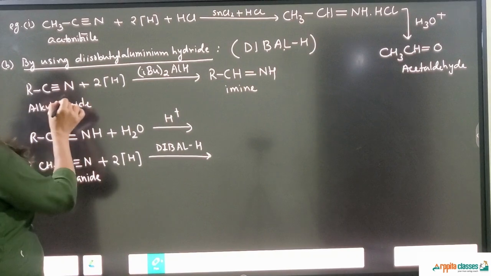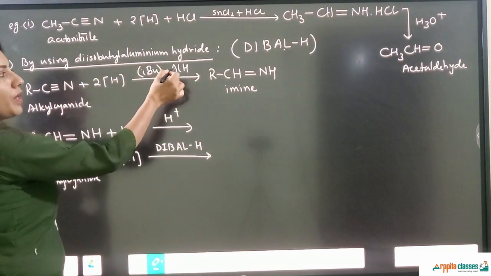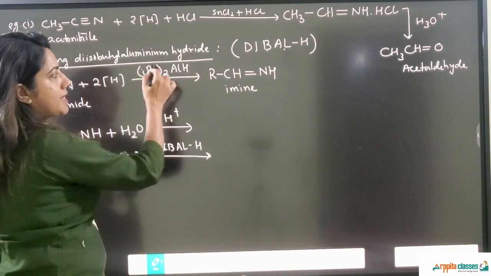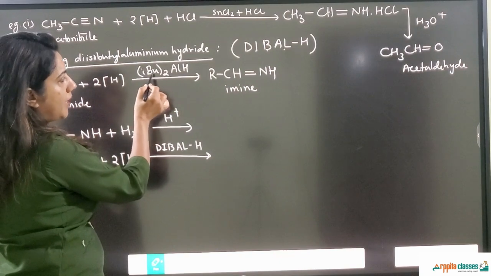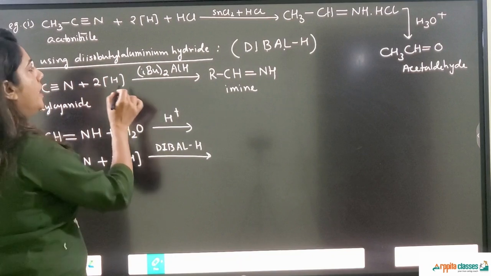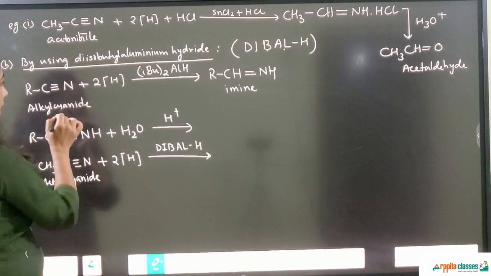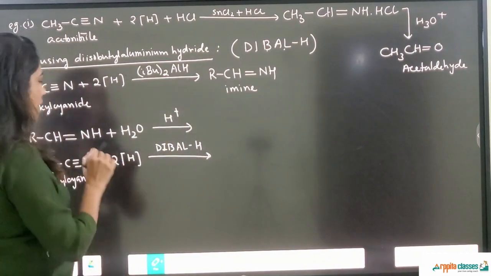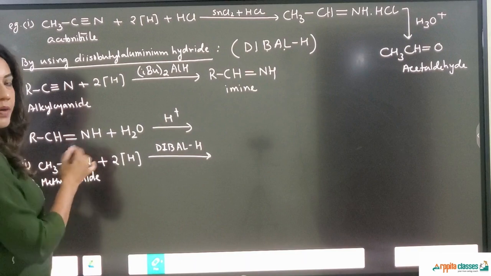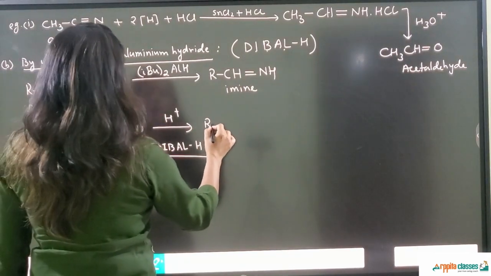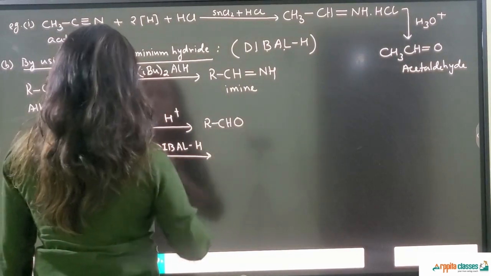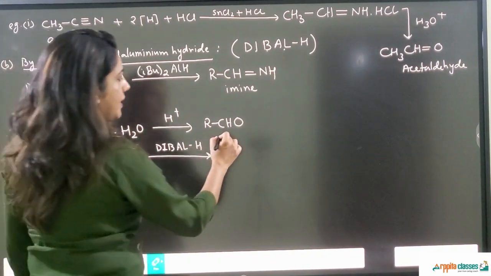So this is my cyanide. Diisobutyl aluminium hydride can also be written as (iBu)2AlH. So this is providing two nascent hydrogens. This hydrogen will get added over here. You are getting imine first, and then you know how to hydrolyze the imine. So you are going to get RCHO, that is an aldehyde.